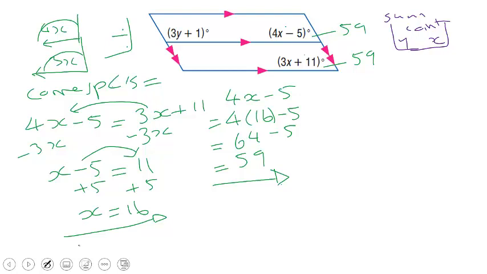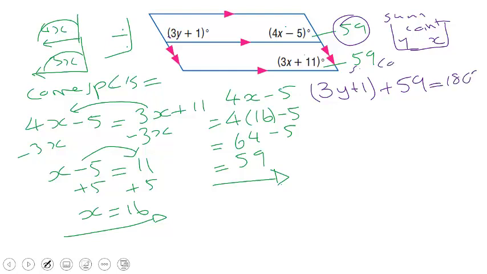And then we are going to say that 3y plus 1, that's this one, plus 59, because we already have that one, we've calculated, equals 180 degrees, because the sum of co-interior angles is equal to 180 degrees. That's our rule. So once we've got that, I can now add 1 and 59. That gives me 60. So 3y plus 60 equals 180.